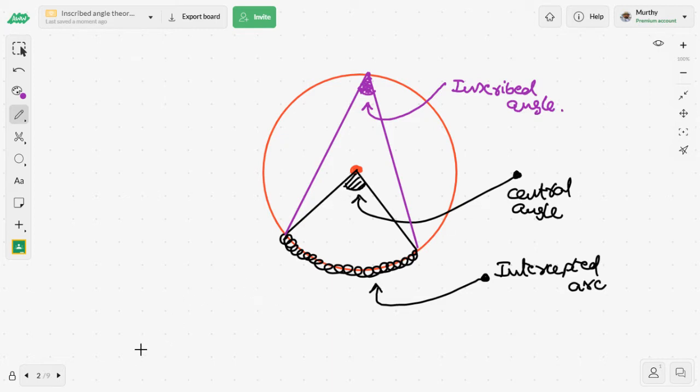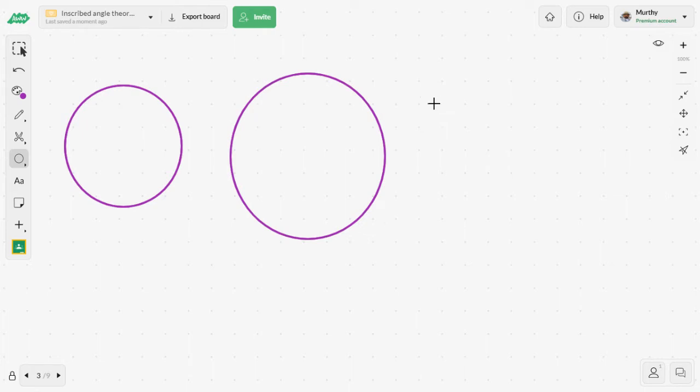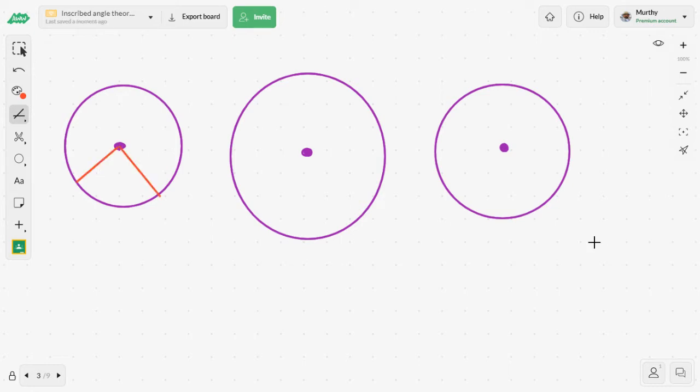Now, if you want, you can perform this experiment. It does not depend on the size of the circle. You can take a small circle, a medium size, or a large circle, whatever size you want. In all of these, let me mark the center of the circle, and draw the radii.